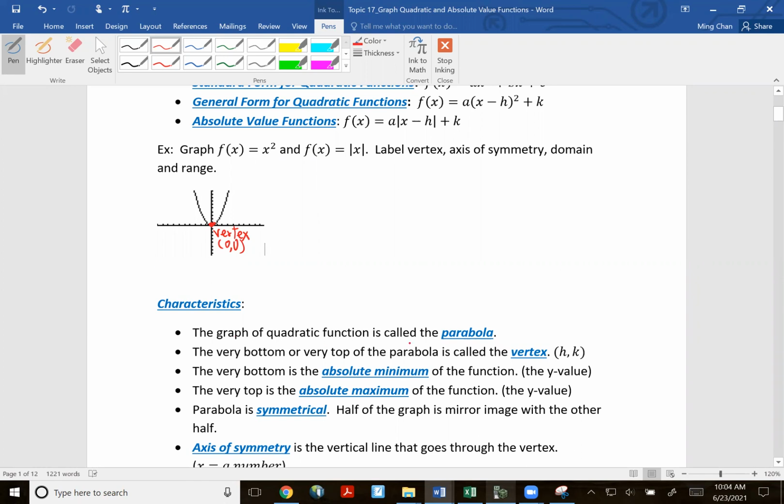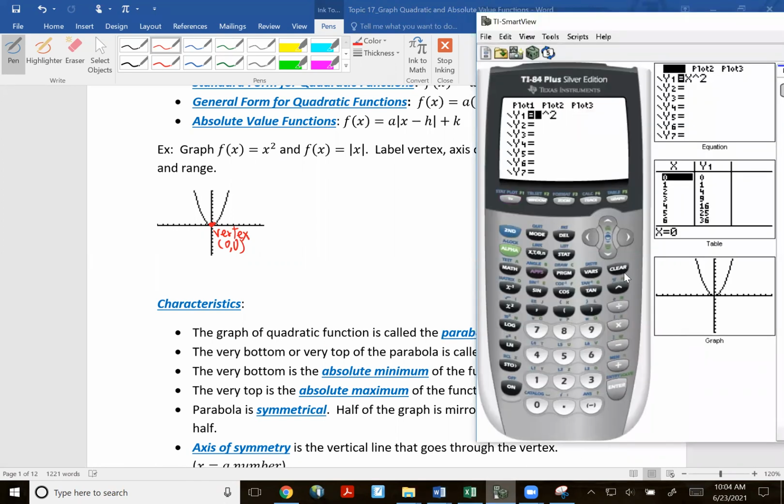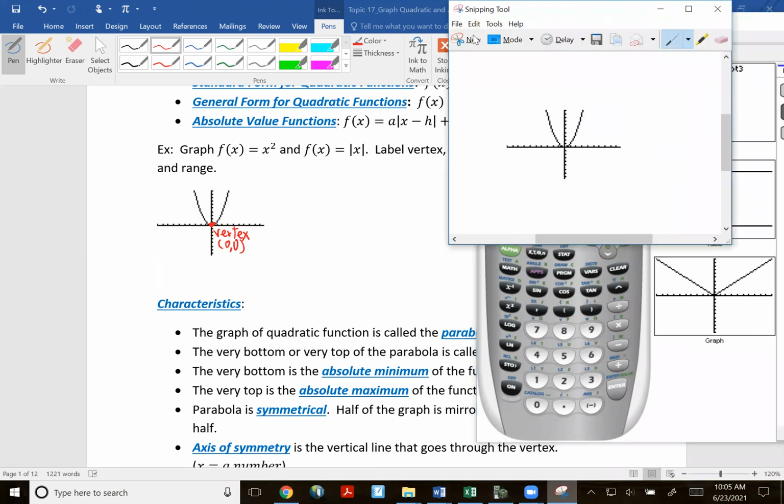All right. Let me graph an absolute value function. So math, go to numbers, number one, absolute value of x. It looks like a V, right?